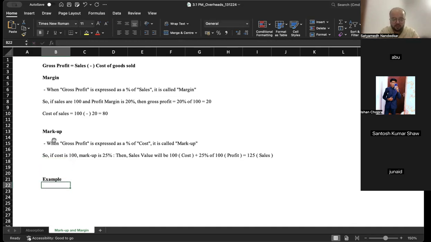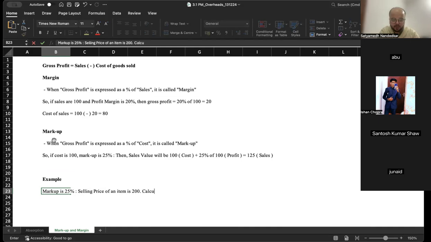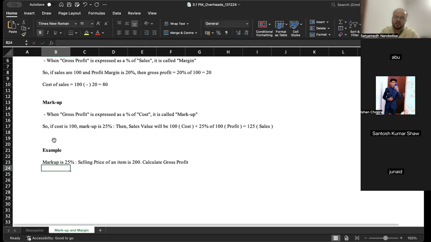Now, for example, the markup is 25%. Selling price of an item is 200. Calculate gross profit. So how do we go about it?